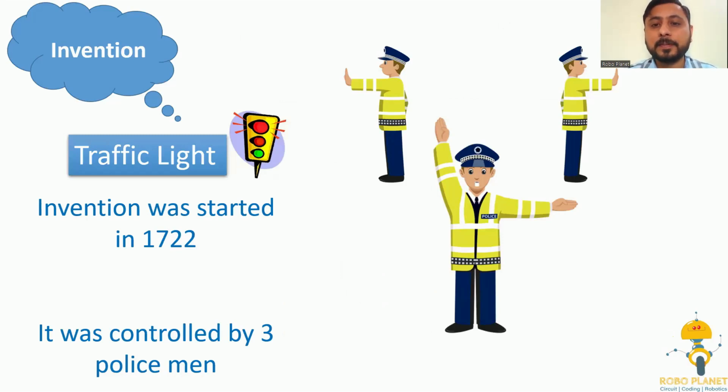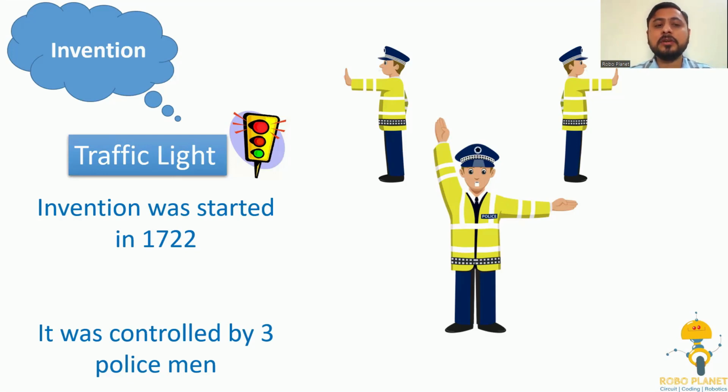Initially, when there was no invention of lights, 3 policemen had to stand on the roads with their hand gestures. Stop, move, wait. These 3 men showed their hand gestures, and after watching them, the traffic got controlled.